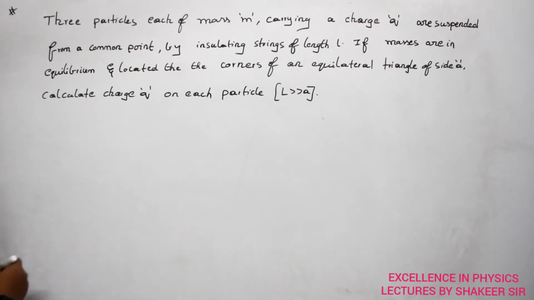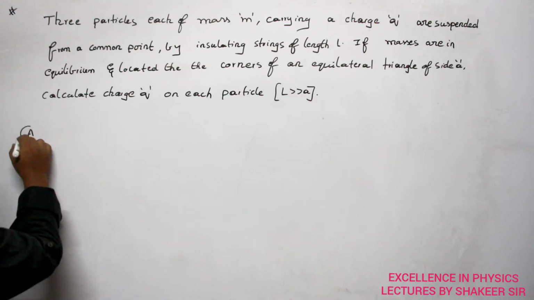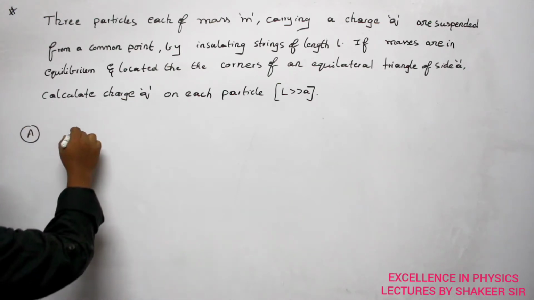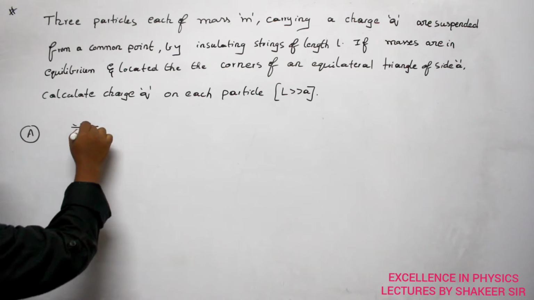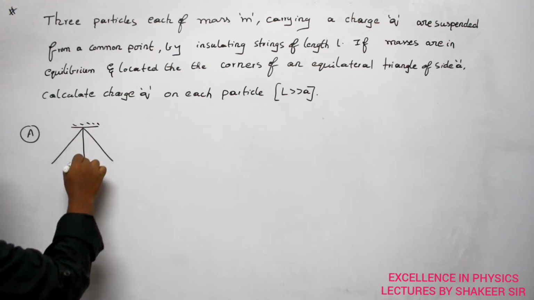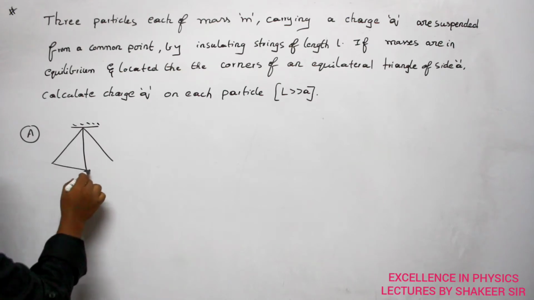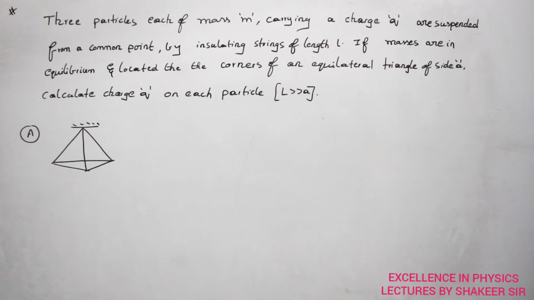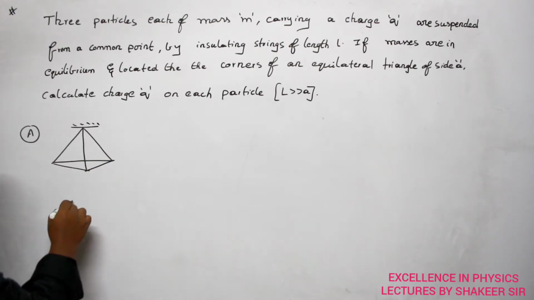So let us see what is the meaning of this. It means that from a common point, three particles are being suspended like this. And they are located at the corners of an equilateral triangle like this. So I can draw it like this.